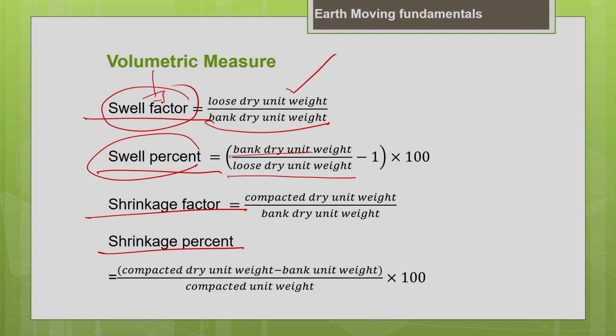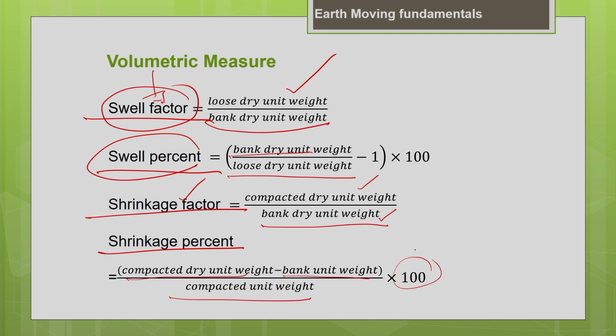Similarly, shrinkage factor. From the bank dry unit weight, how much it has reduced in volume, that is what you are trying to find by measuring the shrinkage factor. Shrinkage factor is nothing but compacted dry unit weight divided by bank dry unit weight. You can also express it in percentage. It is compacted dry unit weight minus bank dry unit weight, divided by compacted unit weight, into 100.